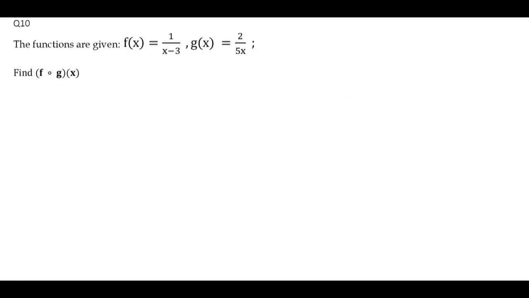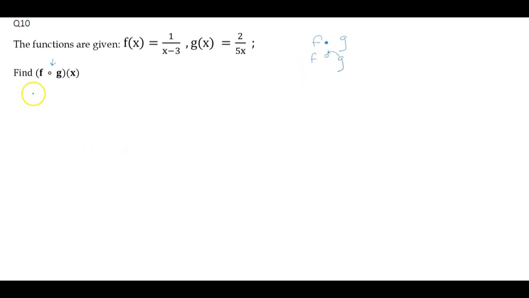Question number 10. Remember the difference in this symbol is we just happen to find a closed dot. That means that we will be multiplying the two functions, but because the little circle, the dot, is open, that means we're going to put g into the x of f.